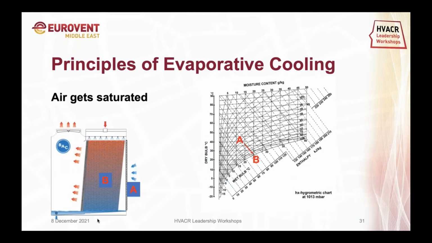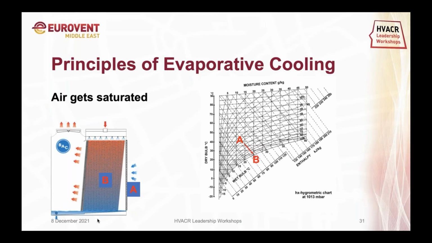If you see here, the dry air enters at point A inside the cooling tower, and then it moves towards point B. So what we see is a water vapor addition, and the air gets saturated. Let us say the dry bulb temperature of air for Dubai today is 24 degrees centigrade, and the percentage RH is around 50%.